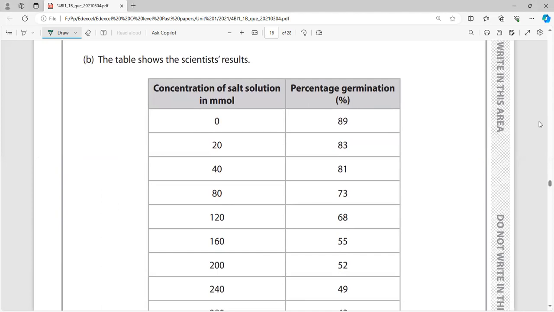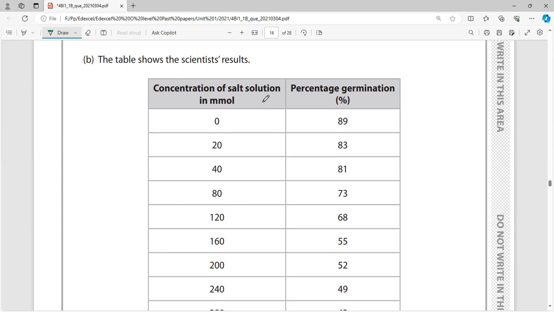Now here the table shows the scientist's results. The concentration of the salt solution is in millimole. Millimole means one thousandth part of a mole. The percentage germination is given there. The concentration of the salt solution is our independent variable, since we are designing it.